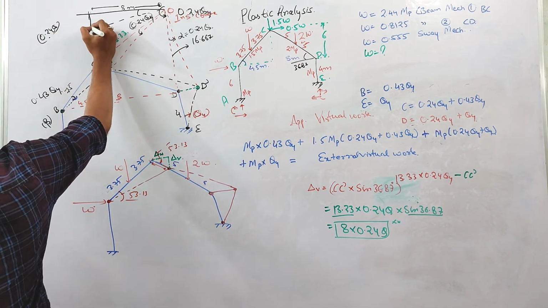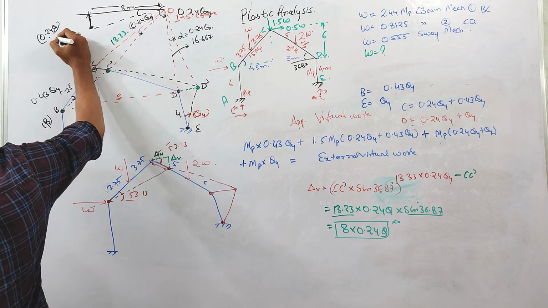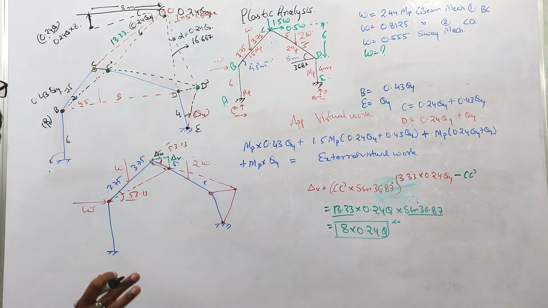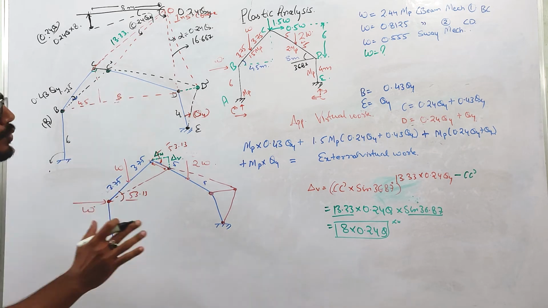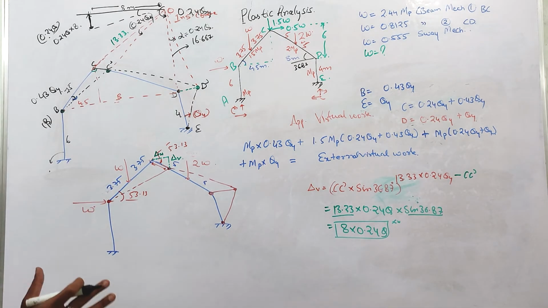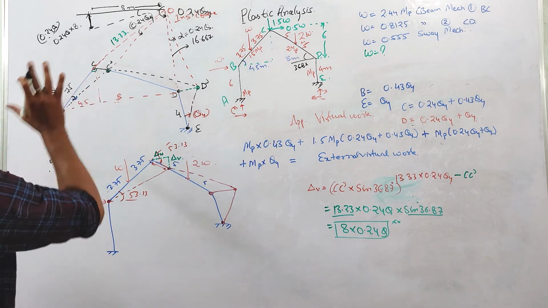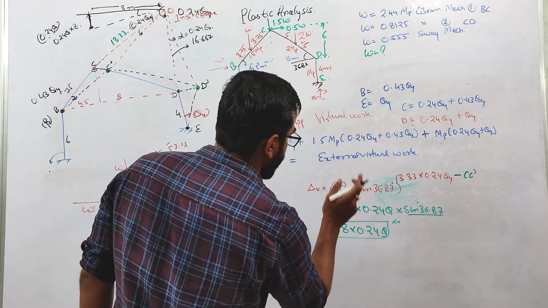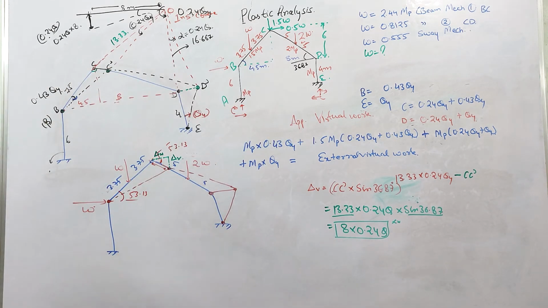So this will give me the deflection, 0.24 theta into 8. Anywhere in this member, if I want to calculate the vertical deflection at any point, I'll use this concept. So this vertical deflection is 8 into 0.24 theta, right?